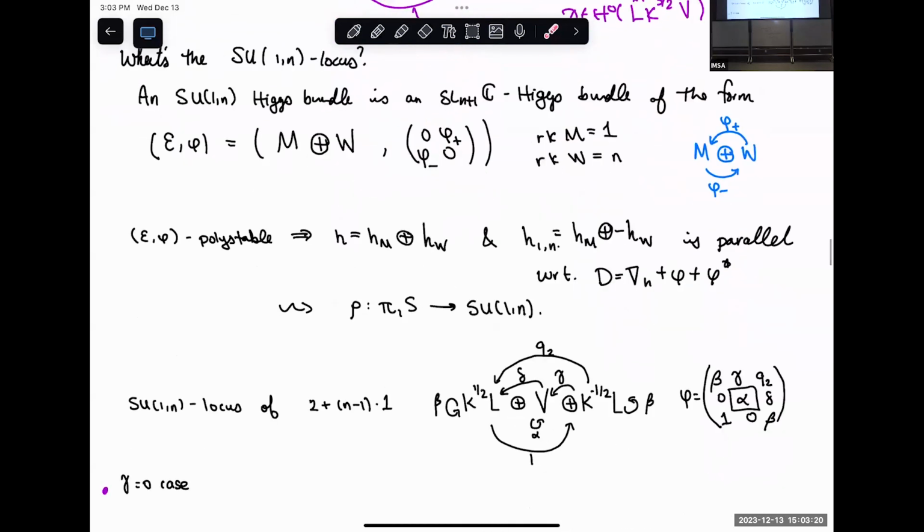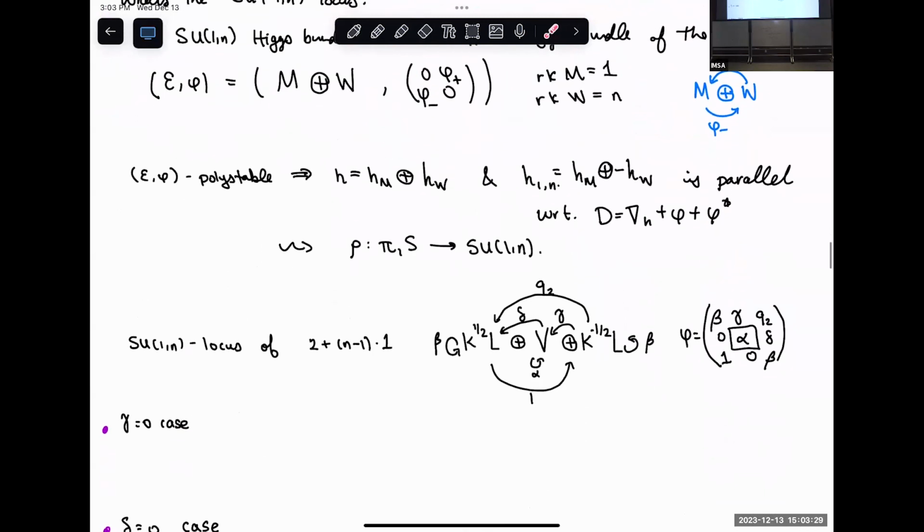Okay, so here are the Higgs bundles in this special Slodowy slice. What is the SU(1,n) locus? Well, the first thing to note is that definitely alpha has to be 0 and beta has to be 0.